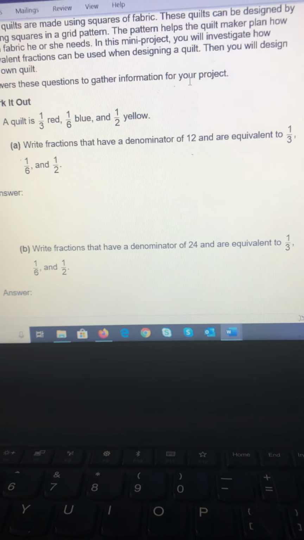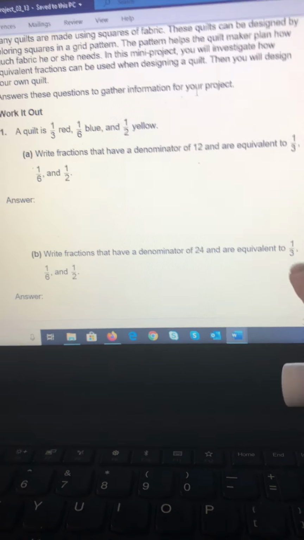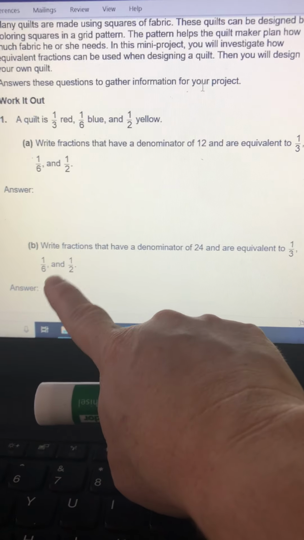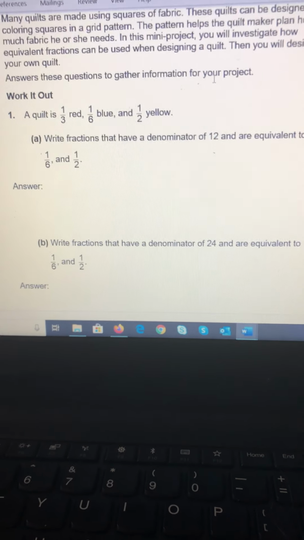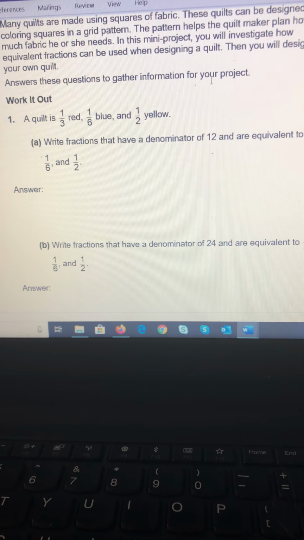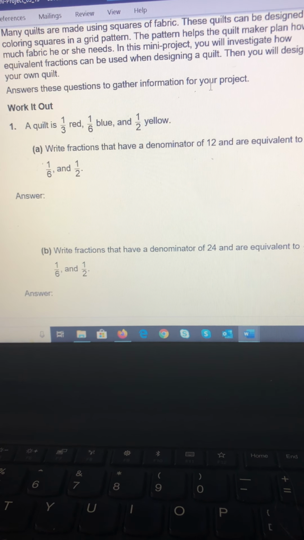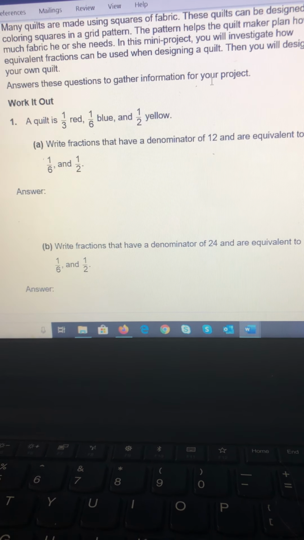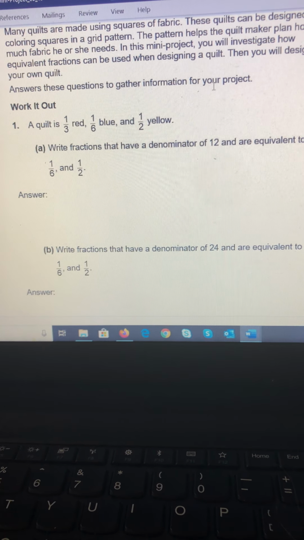You're going to do the same for 1/6 and 1/2. Take that fraction 1/6 and make a fraction that is equivalent to it with a denominator of 24. Write 24ths for your denominator and see if you can find the missing numerators.